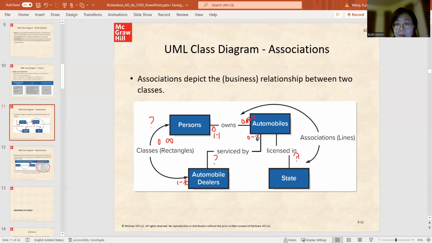You can have multiple cars under service at the same time. So 0 to many. And here, the automobile can be served. I'm saying that this is not really a fixed answer. You can think about maybe 1 and many, or other things.